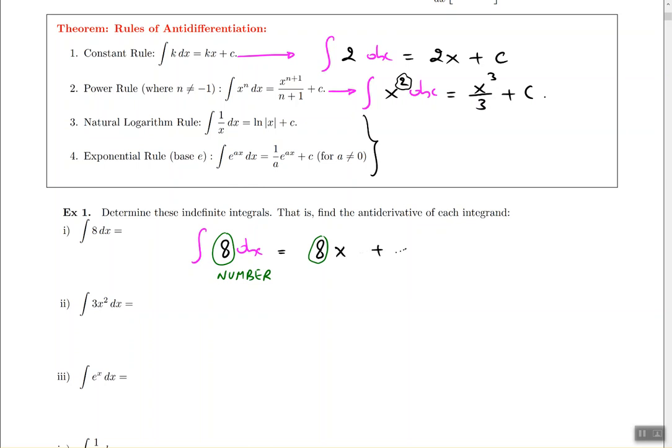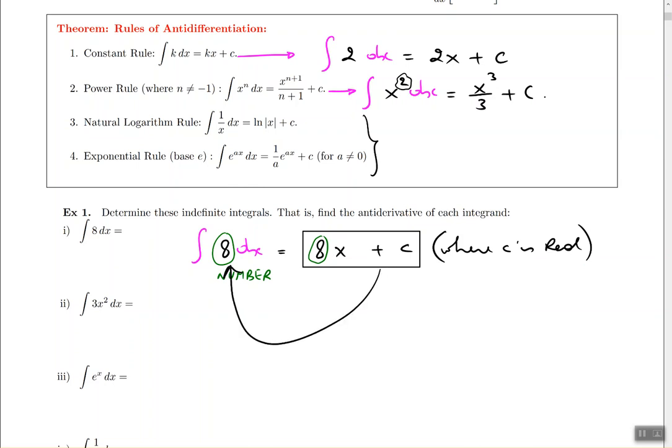And then put plus c, where c is some real number. Okay, the answer to the problem is 8x plus c. And if you want to test it out, if you want to know whether you're doing it right or not, take the derivative of 8x plus c. If you get back the 8, then you know you did it right.